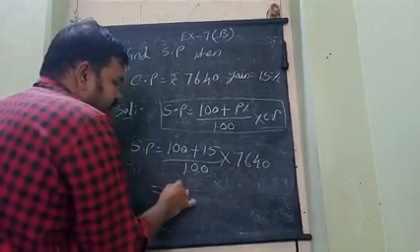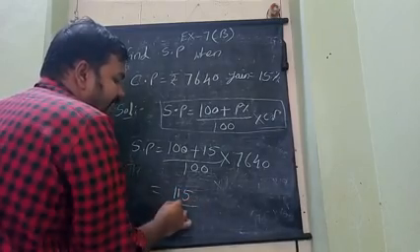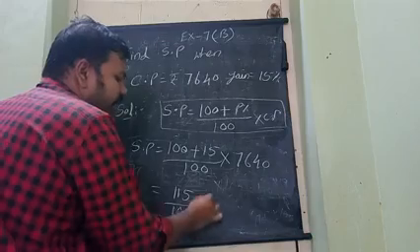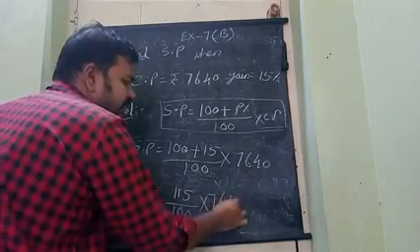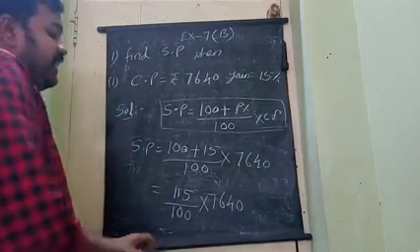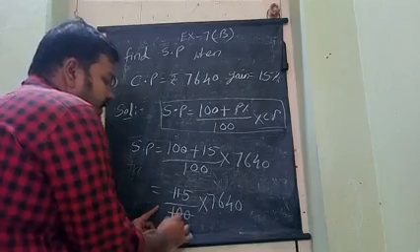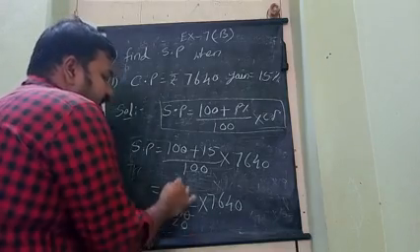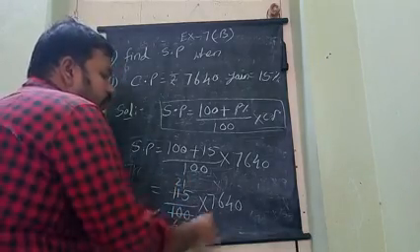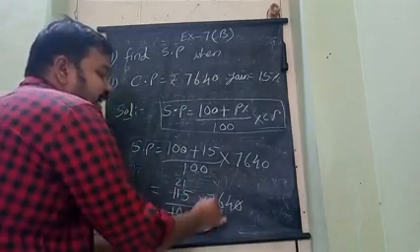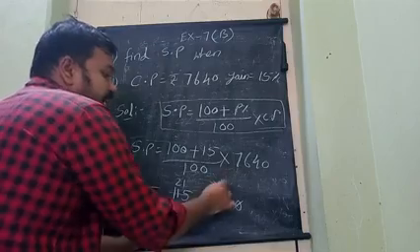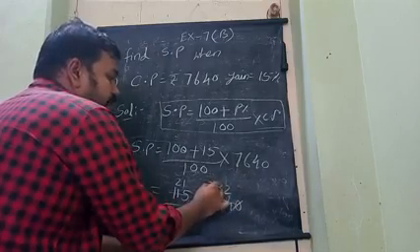Now writing it, 115 by 100 into 7640. Cancellation in 25 table. Using the 5 table, I'll cancel: 5 table 20 times, and 115 is 23 times. Cancelling the zeros. 2 table cancellation: 3, 8, 2, 382.